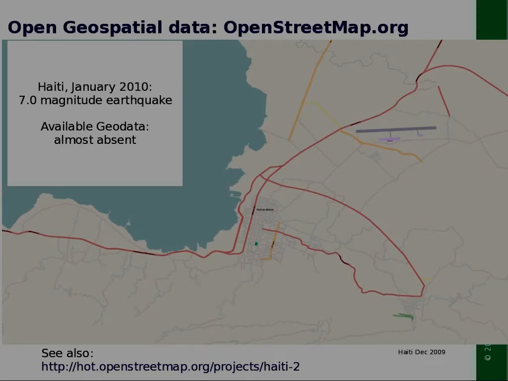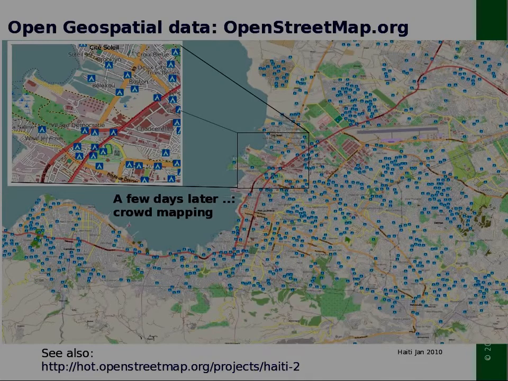As you can see in this map, the geodata of this area were almost absent when this earthquake happened, but thanks to crowd mapping efforts, which means that many people have been doing online digitizing in web browsers based on satellite data which have been made available, in a few days this map has been obtained.